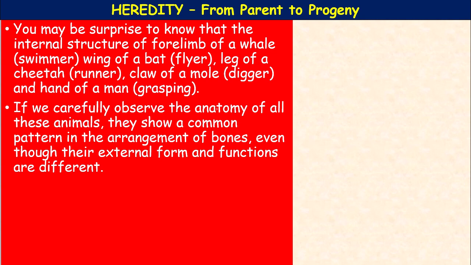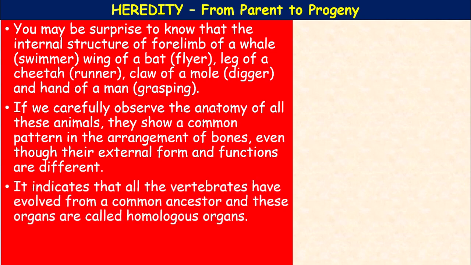Even though their external form and functions are different, they show anatomical similarities. It indicates that all the vertebrates have evolved from a common ancestor, and these organs are called homologous organs.